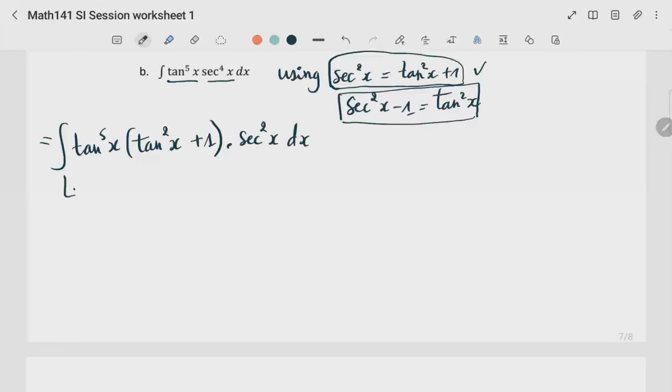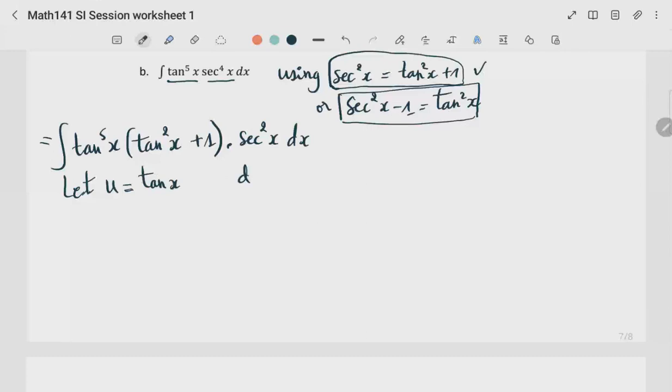So let me ask you, what substitution do you think we could use for our integration by parts? What is our u? Our u could be that tan stuff. So let's use tan.